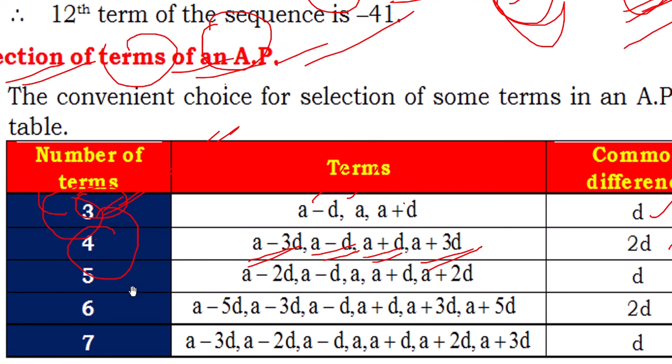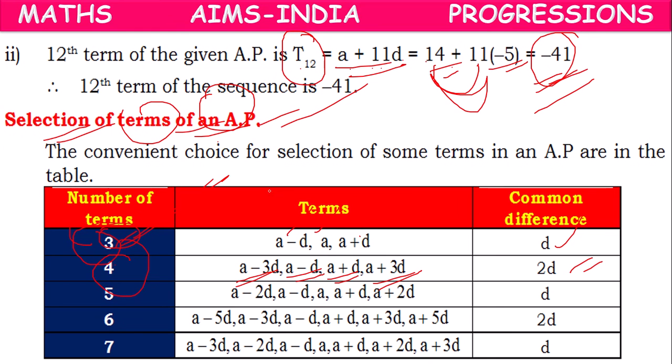If the number of terms is even, like 4, 6, there is no middle term. We take a minus d, a minus 3d, a plus d, a plus 3d. The common difference is 2d. So for our convenience, for easy calculations, based upon the number of terms, we can take the terms like this, children.